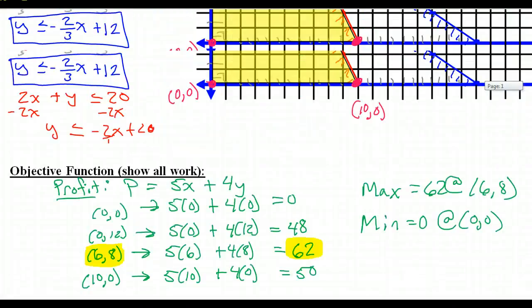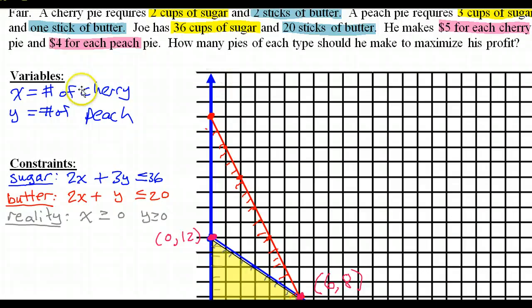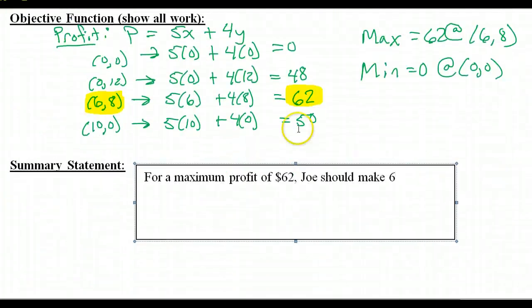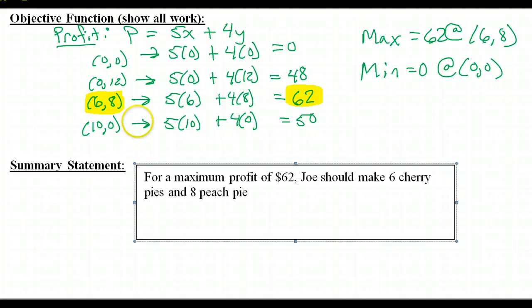Now let me just make sure about the variables. All right, cherry pies and then peach pies. So 6 cherry pies and 8 peach pies. Okay, 6 and 8. Done. All right, that is how you do that, my friends.